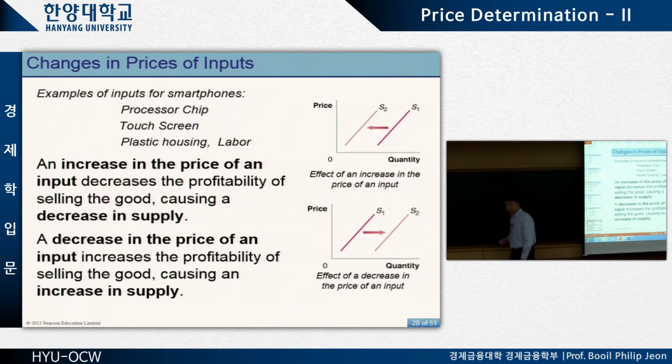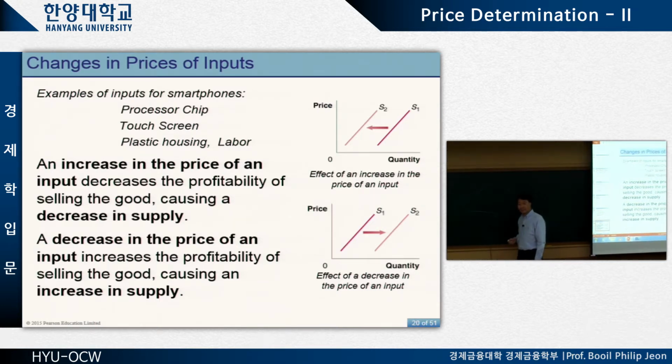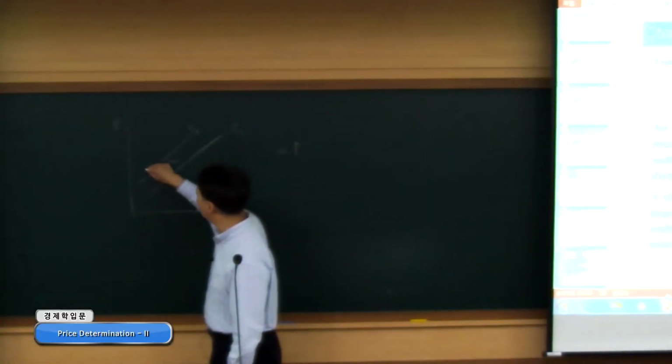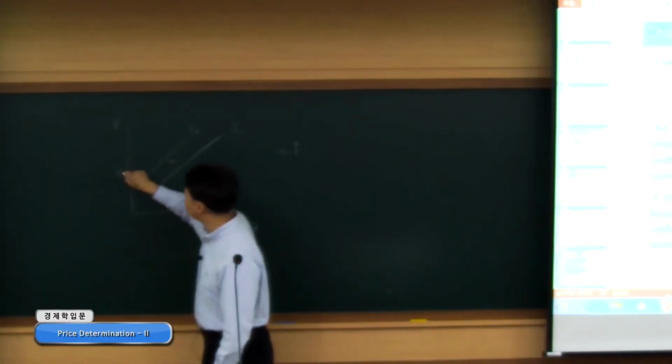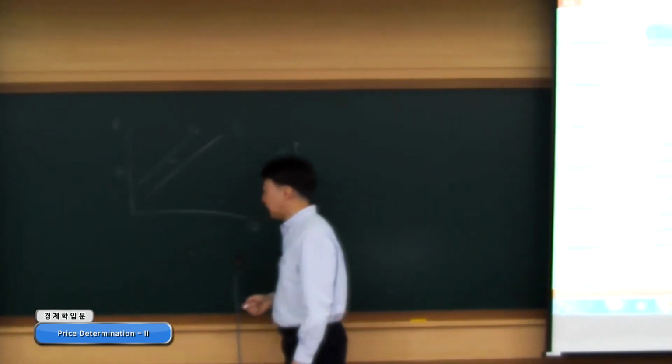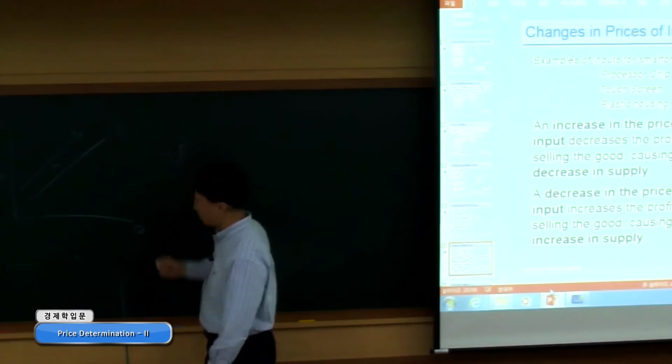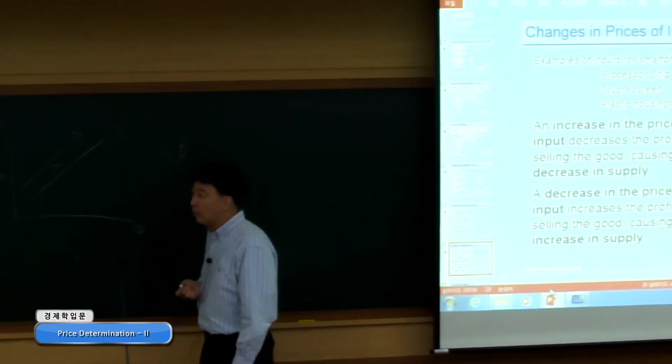How do you know? Because at the same price of the output, right? So what we're talking about is we are assuming the price of the smartphone did not change; it stayed the same, right? Only the wages went up, right?